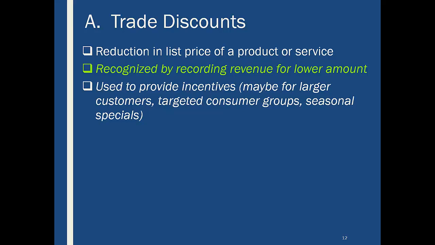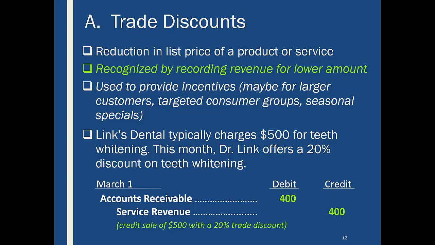It just does it indirectly by recording the sale at a discount price. All right? So in this case, if the dental company usually charged $500 for teeth whitening, but this month they decided to put it on sale and give it a 20% discount or $100, then if somebody comes in and gets their teeth whitened, the entry would be accounts receivable for the $400 and the revenue at the $400. Notice that there was no mention of the $500 or the 20% trade discount. It just goes on the books at the trade discounted amount.